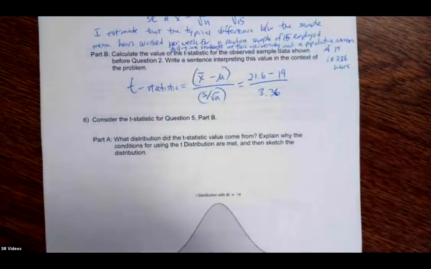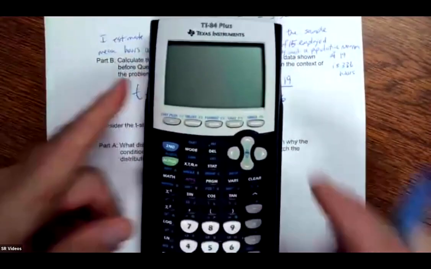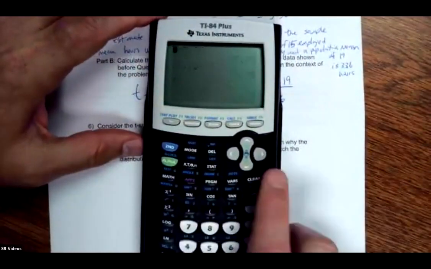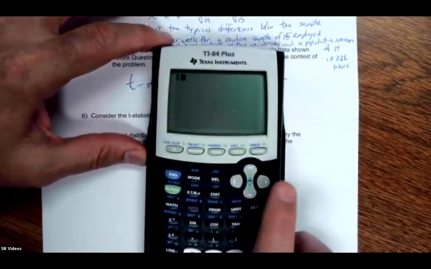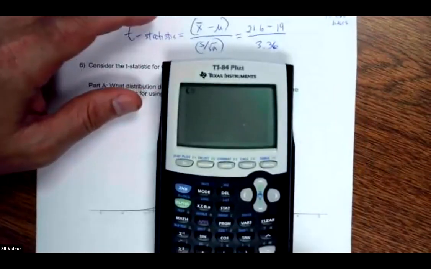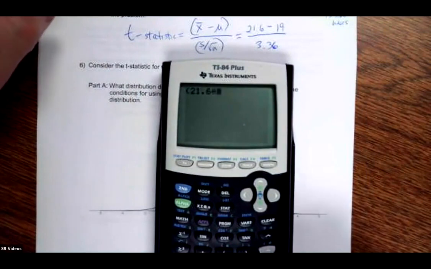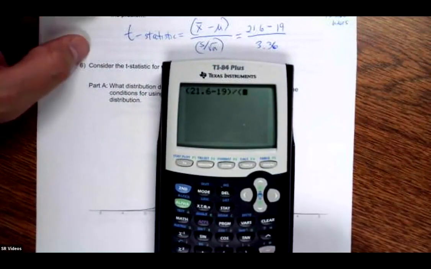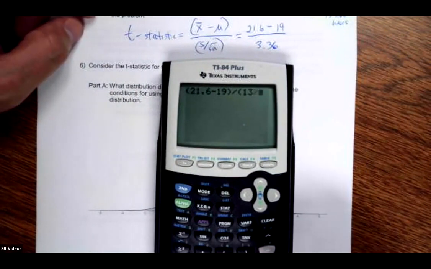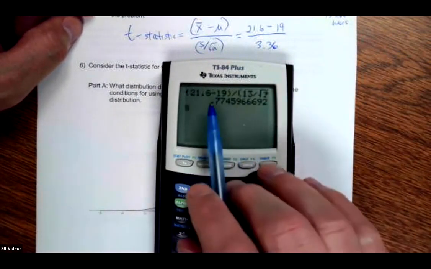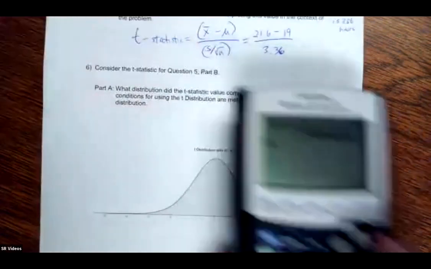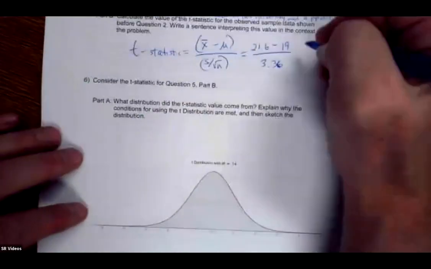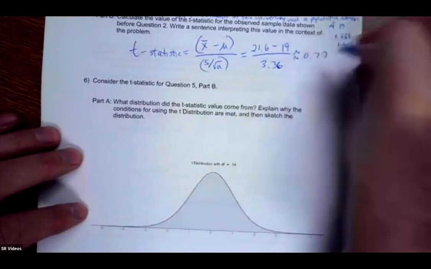If you do this on a TI calculator, you could type in parentheses the numerator 21.6 minus 19, divided by parentheses, you type in the whole thing, 13 divided by the square root of 15. And that gives you 0.7745. To 2 decimal places, this is approximately 0.77.